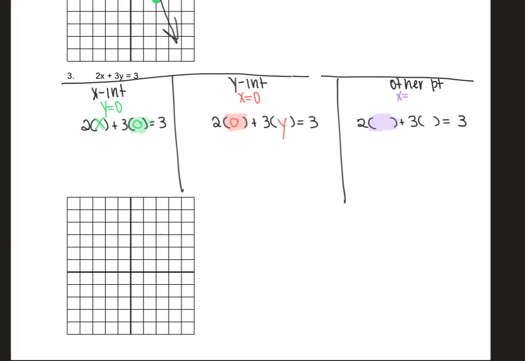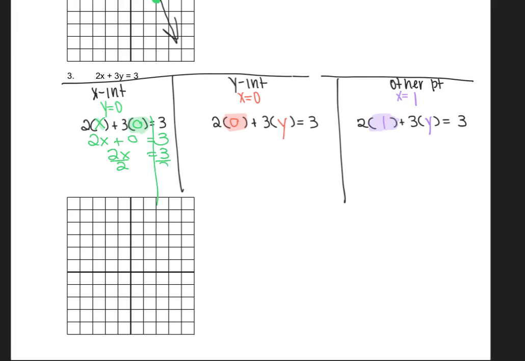And I can pick my point. Let's just go with 1. I went for it all the other times. Okay. So I have 2x plus 0 equals 3. 2x equals 3.